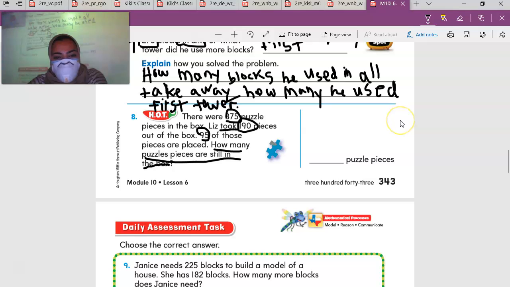There are 375 pieces in the box. She takes out 190. So we're going to do 375 take away 190.